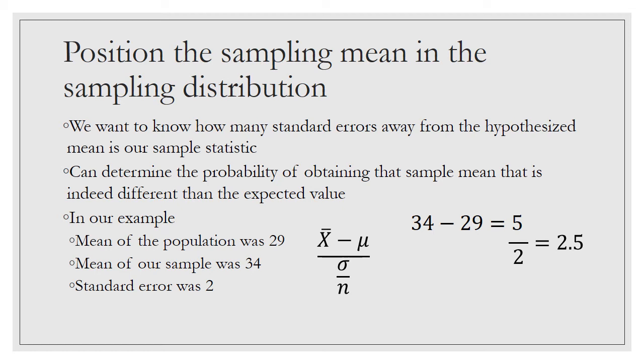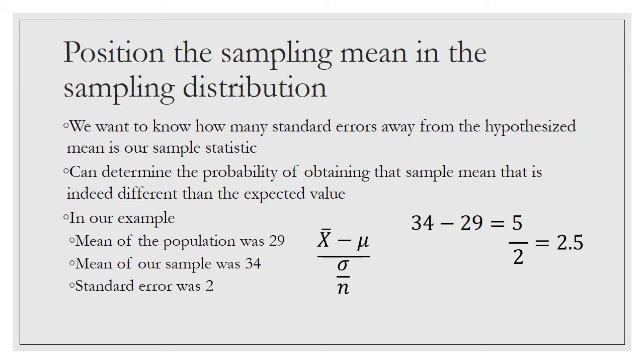That is, the difference between 34 and 29 divided by 2 was 2.5. So we have a very, very small probability of finding that value if our hypothesized mean were indeed true.